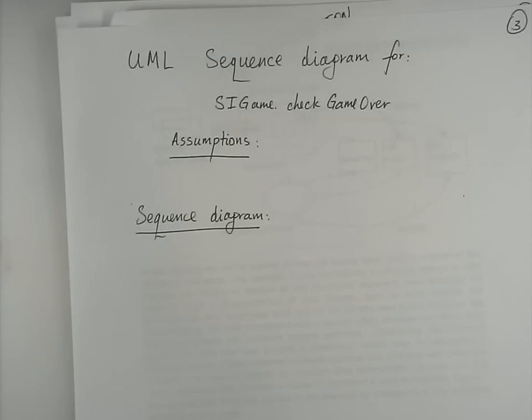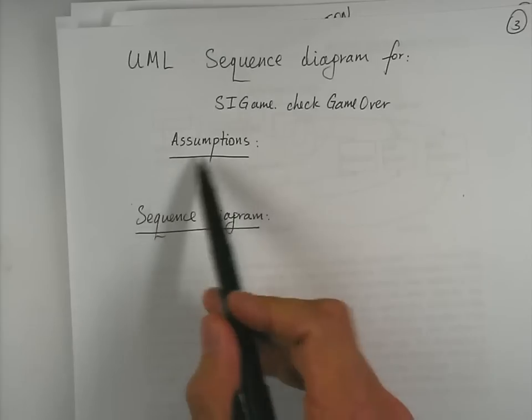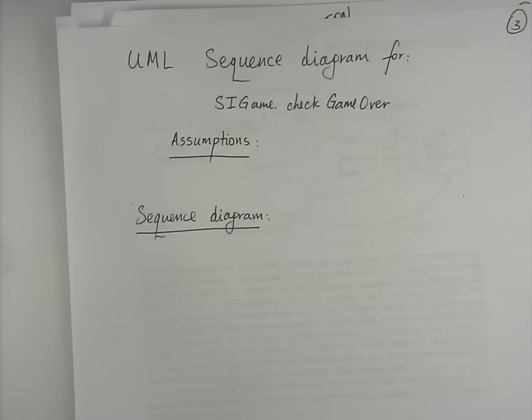You can simulate it by putting a breakpoint and actually simulating the method as it executes. So the UML sequence diagram is going to show us what happens when you execute this method. This is what we're going to draw in detail. But first, there's this thing which says assumptions. What are assumptions? Do any of you remember from last Friday?